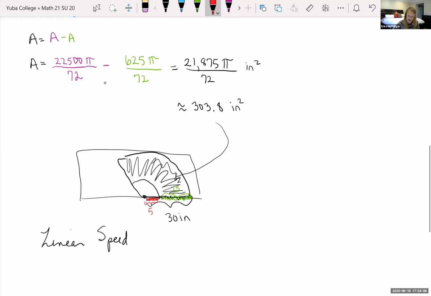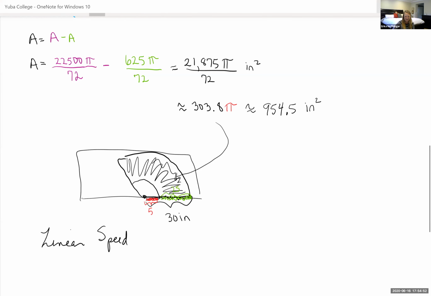So if you take my answer right there, let me rewrite that as 303.8 approximately times pi, which if we multiply that out, we get approximately 954.5 inches squared. Does that look better? Is that what you got? Yeah, that's what I got. Okay, great. Thank you for catching that. See, if I didn't have you guys here watching me, I could be misleading some people. Thank you.